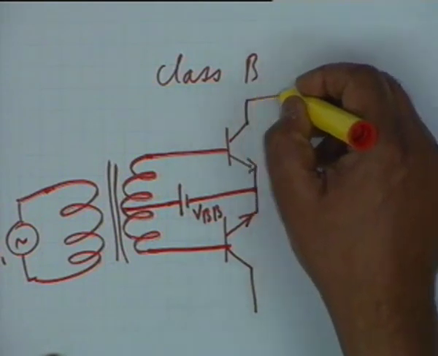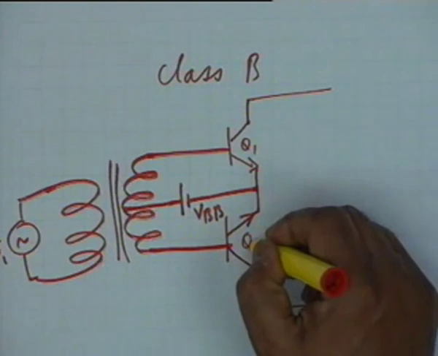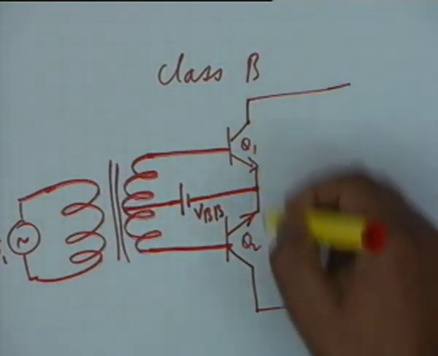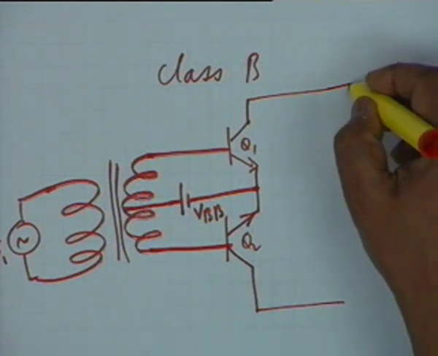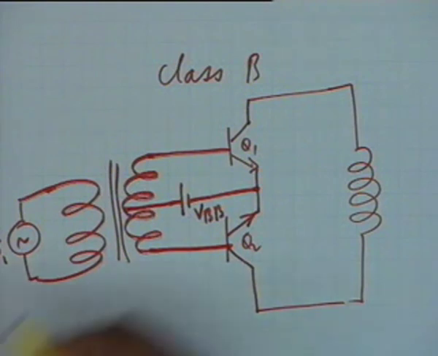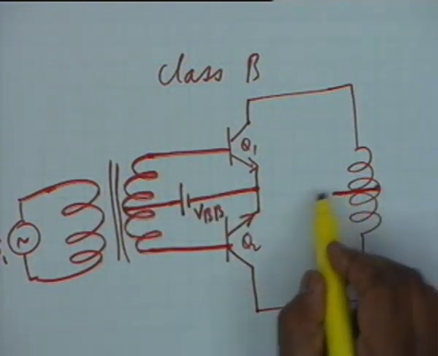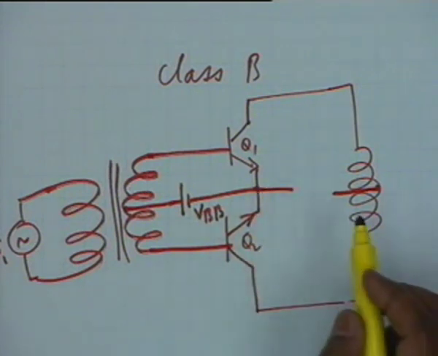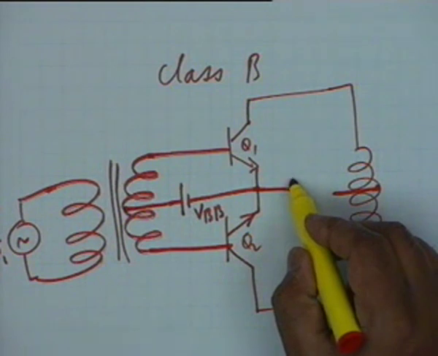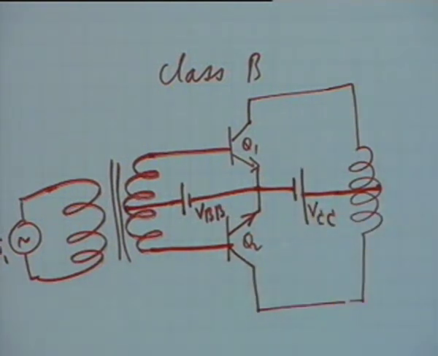Now in the collector circuit, you see there are two transistors Q1 and Q2. In the collector circuit the two collectors are connected through a transformer, the center tap of which is connected to this point, and the battery VCC is connected here, VCC.